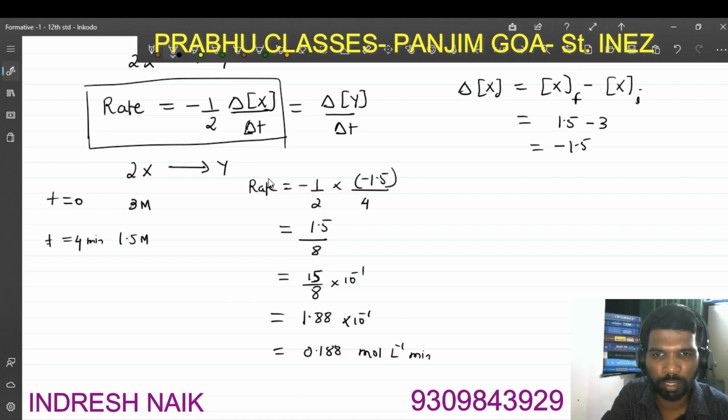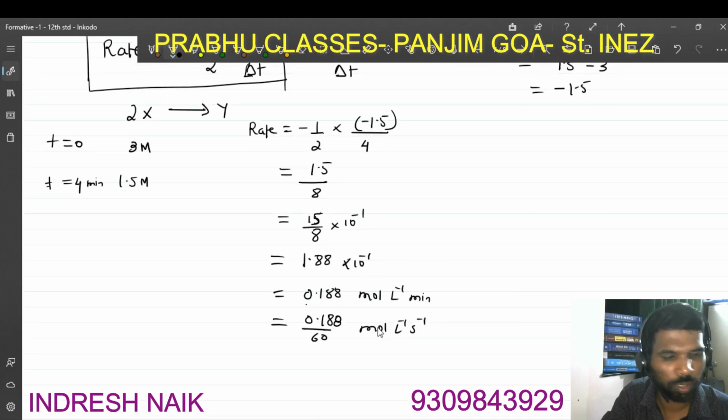If you want the answer to be in seconds, you multiply the denominator delta t by 60. Means if I divide this by 60, then the answer will be in moles per liter per second. The answer will be 0.188 divided by 60, which is 0.003133 moles per liter per second.